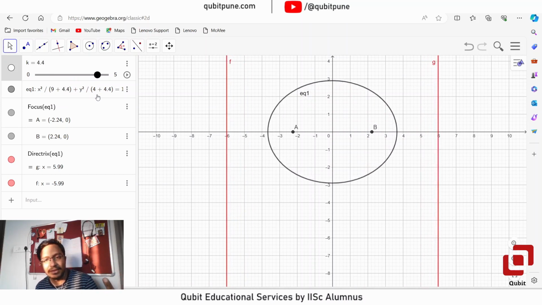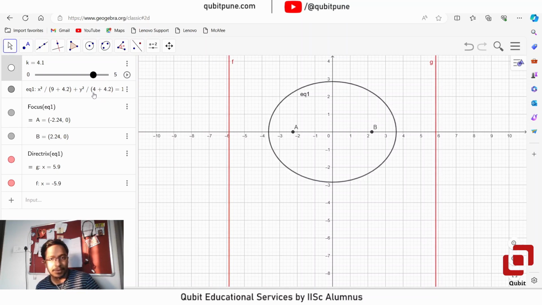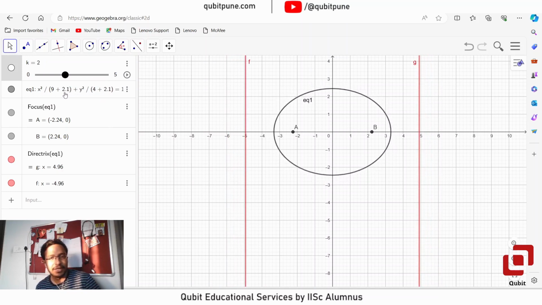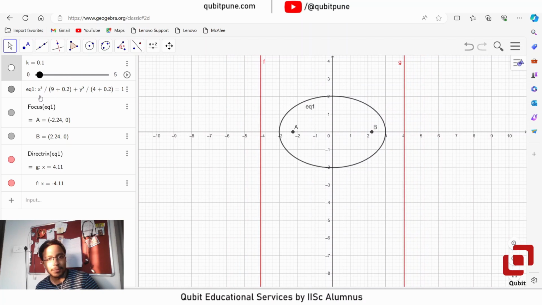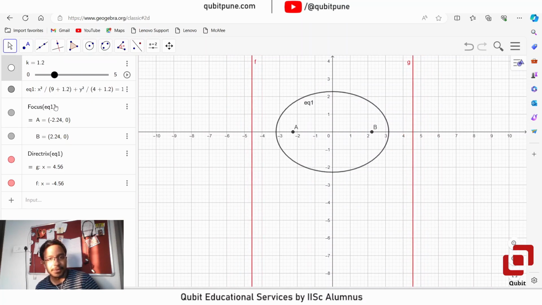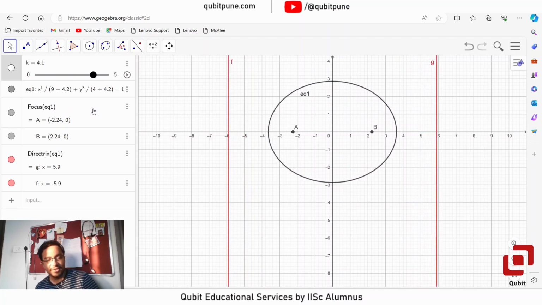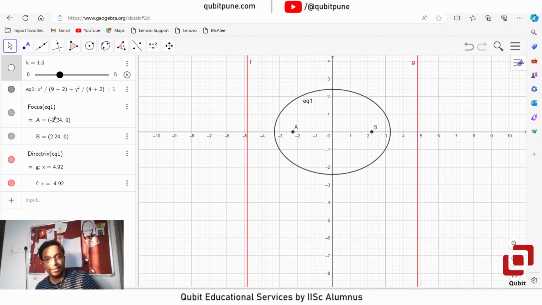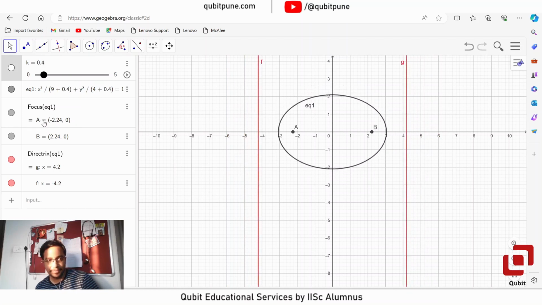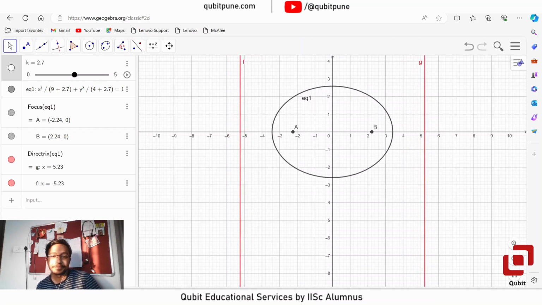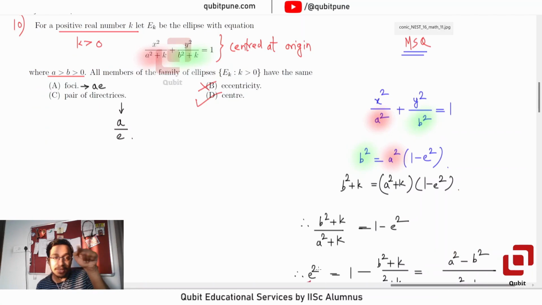As k increases, the directrices go away from each other, and as k decreases, the directrices come closer to each other, but the foci do not change. Eccentricity is changing, foci do not change, so that confirms our answer, right? They have the same foci and of course same center, but different pairs of directrices and eccentricities.